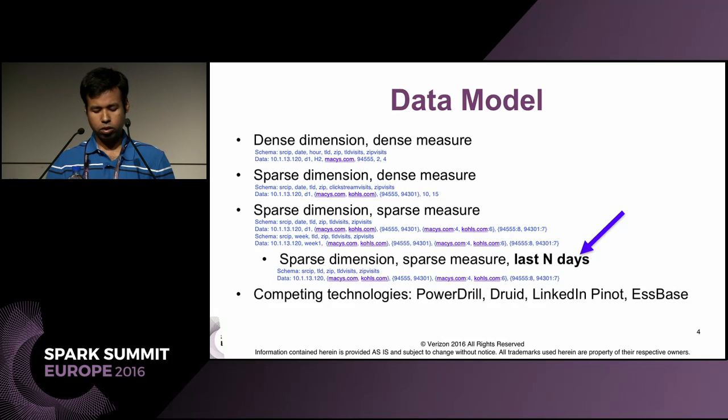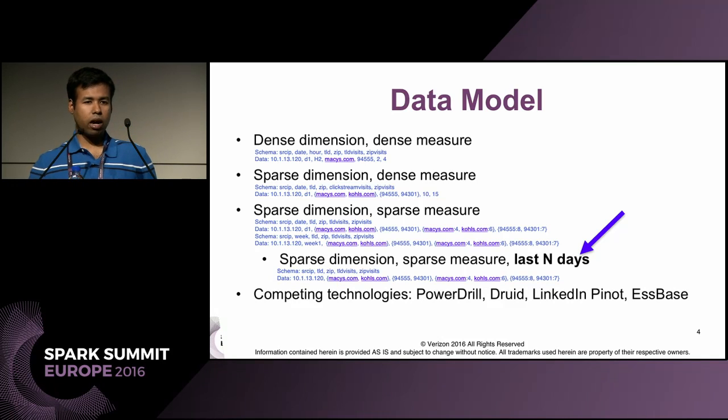In this case, it's Macy's.com, and which zip code this source IP or the phone number is at. So that zip code shows up. You also get visits, how many times in the whole day that particular zip code has been visited by the phone number. So in this first representation, everything is dense. Your dimensions, which are TLD and zip, are dense, and the measures, which are visits, are also dense.